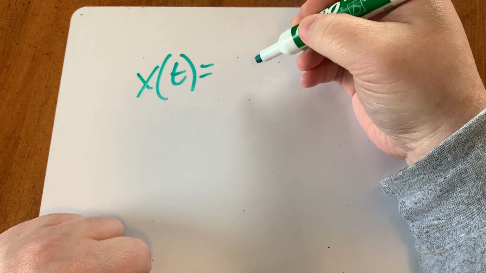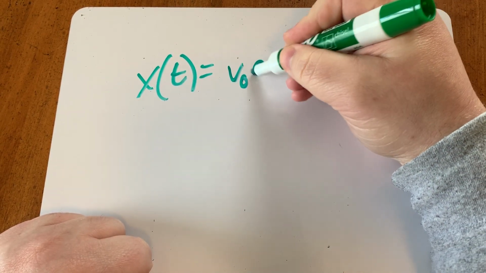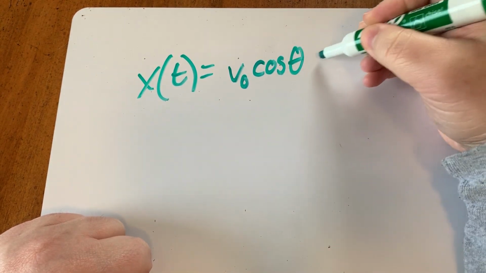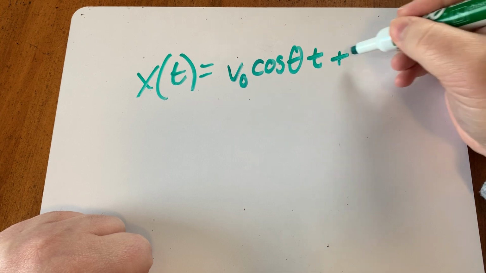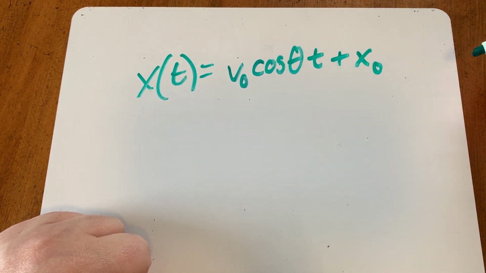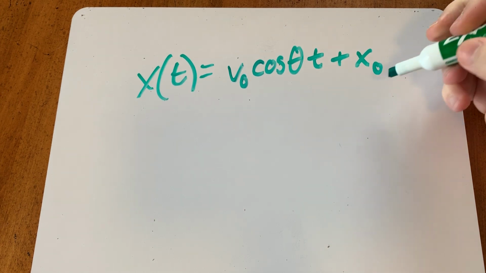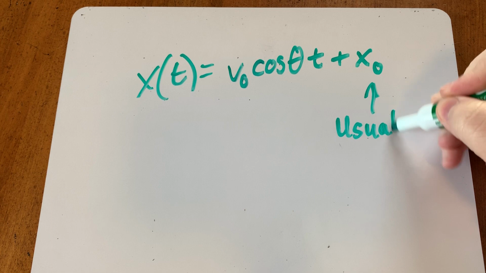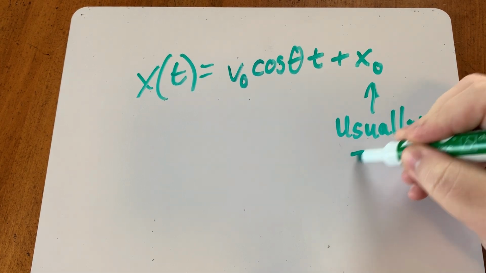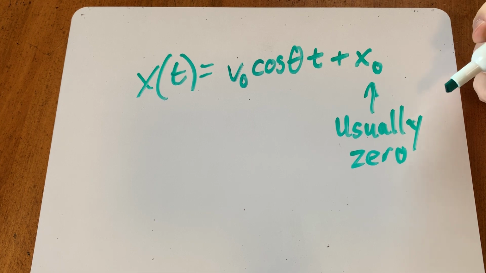And the slope of that line is that initial speed, that initial velocity, times the cosine of the launch angle, times t. And then the intercept is just where you're starting horizontally. Most of the time, that term's just going to be 0.